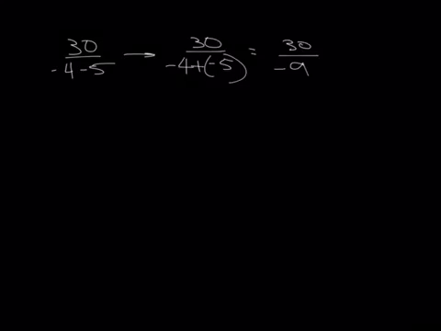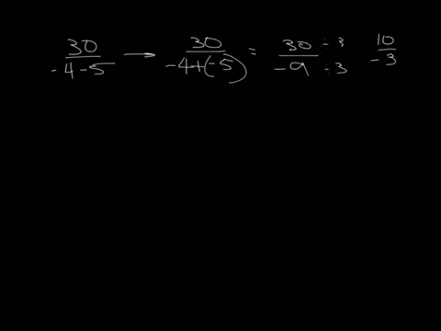And then we see if that's reducible. Is there a number that goes into both 30 and 9? Well, 3 goes into that, 3 goes into that, so that gives me 10 over 3, and I have a negative there, and I'm done.